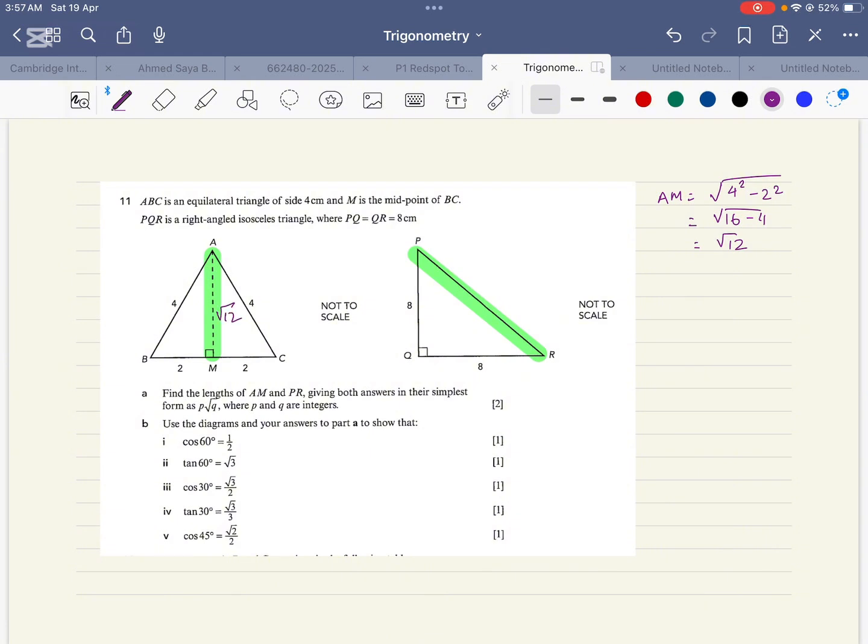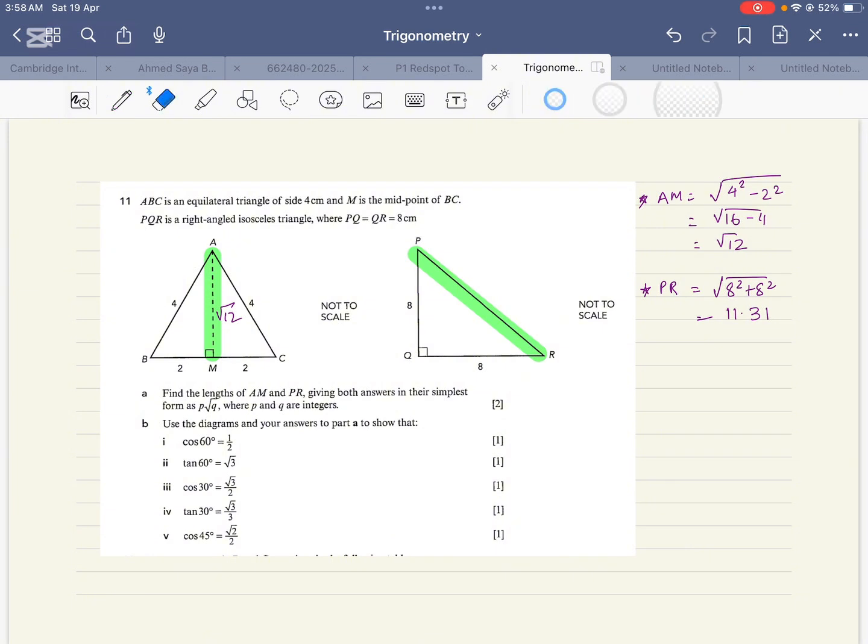Next is PR. To find PR also, we are going to apply Pythagoras. 8 square plus 8 square is equal to 64 plus 64. The answers they need are in the form p root q.